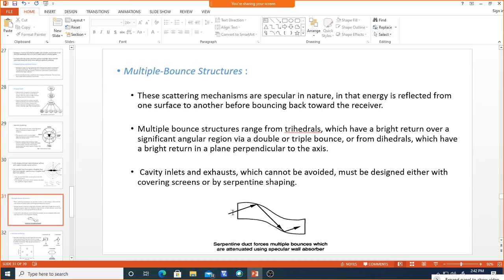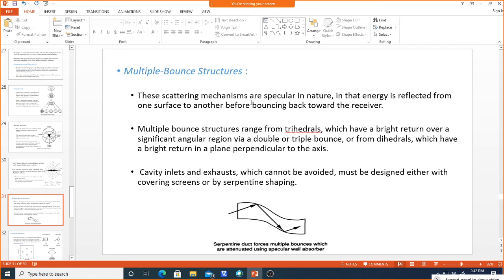Okay, so if multiple bouncing or multiple reflection happens, the energy will get absorbed or decayed in the multiple reflections itself, and finally whatever reflection comes out will have less energy. That's why shaping techniques like trihedral or tetrahedral are used, and they have multiple bounces, which reduce the energy and the bright return.